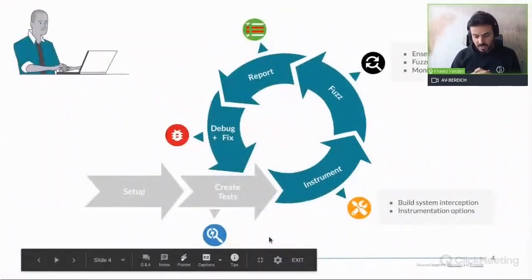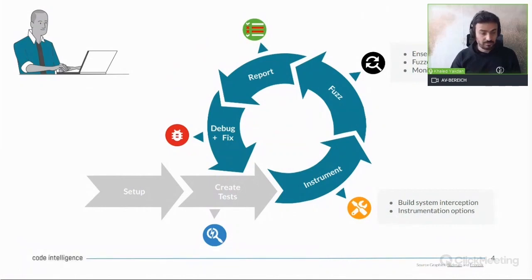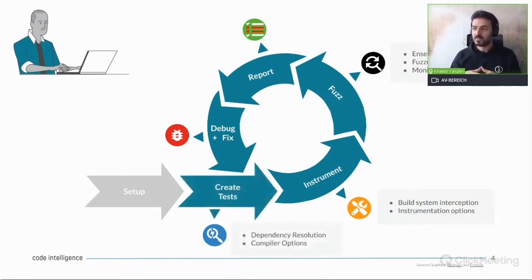Now that we have seen how instrumentation can be done automatically, we go to the previous step, which is actually setting up fuzzing, or creating a fuzz test. A fuzz test at the module level, the unit test level, you can think of as similar to an actual unit test, but instead of testing the API or the module with specific inputs as you would in a unit test, you take the input from the fuzzer.